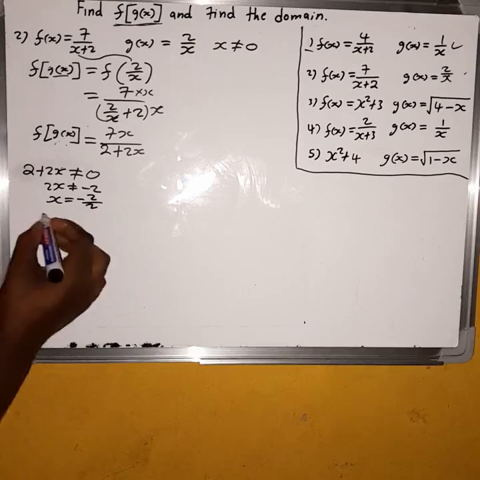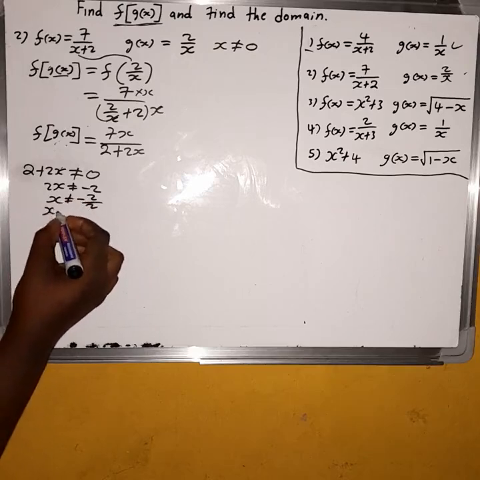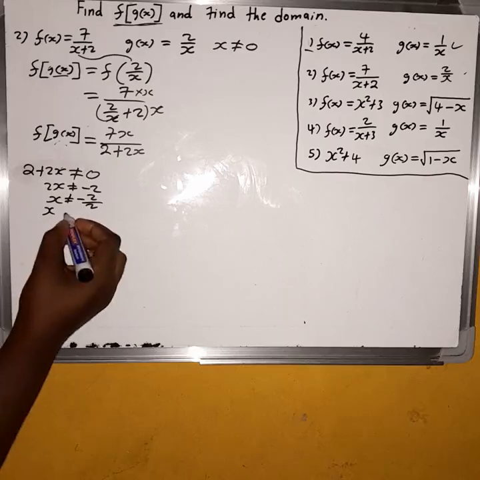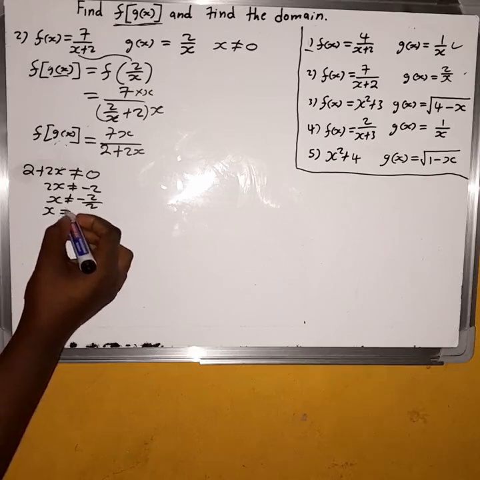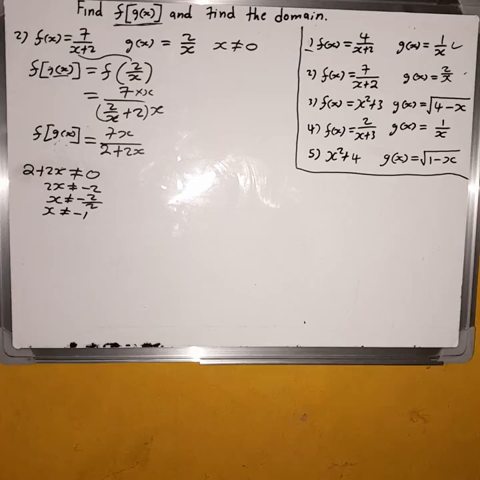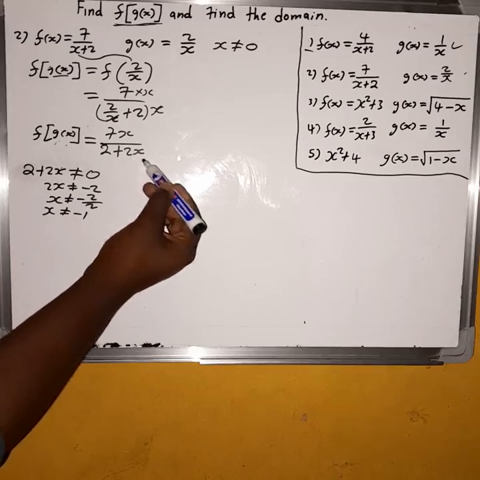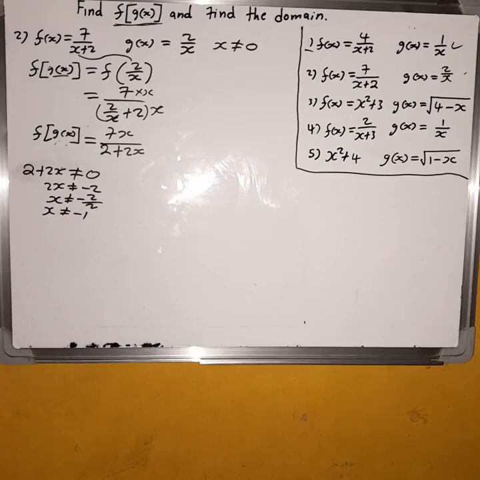Then x must not equal minus 1. When you put minus 1 here, we'll have 0. Minus 1 is a restriction there.